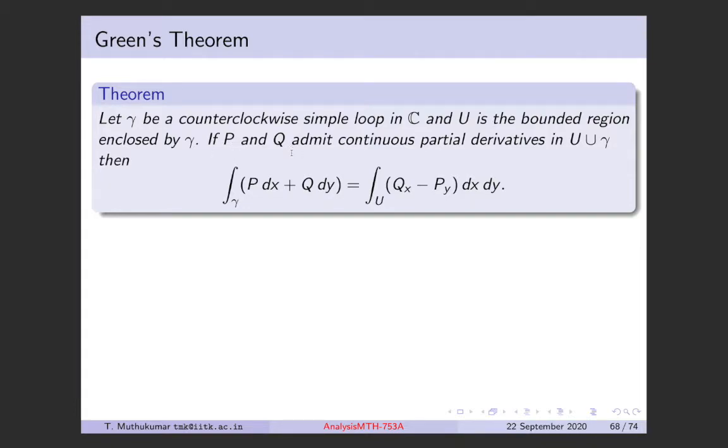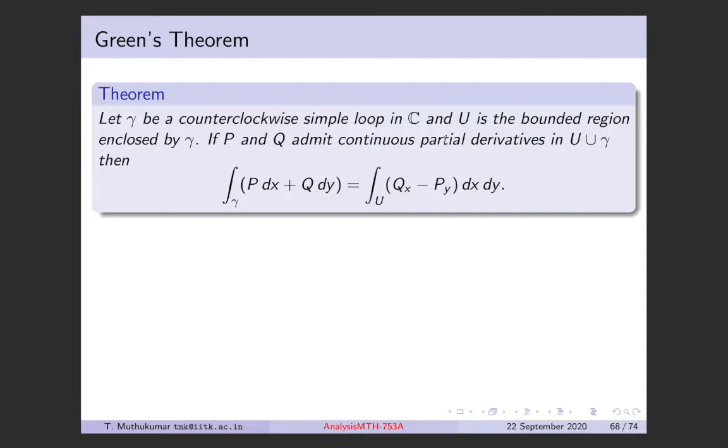P and Q are two variable functions, from R2 to R, which admit continuous partial derivatives in U union gamma.